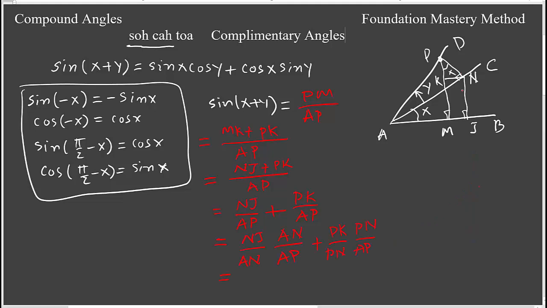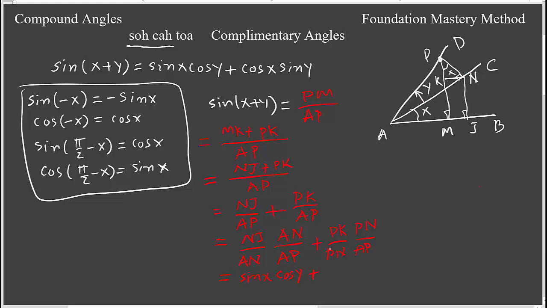So if you look at NJ over AN, with respect to this angle, this is opposite and this is hypotenuse, so this is sine x. Now AN over AP, with respect to this angle y, is adjacent over hypotenuse, so it is cosine y.